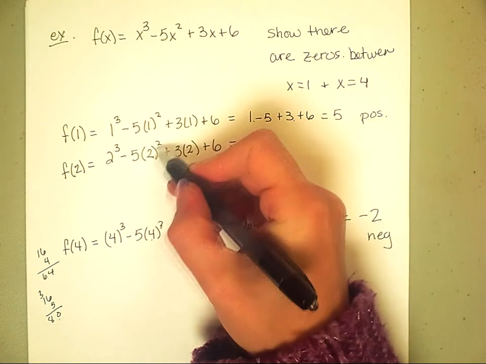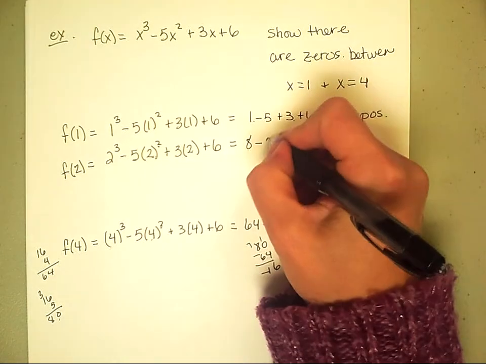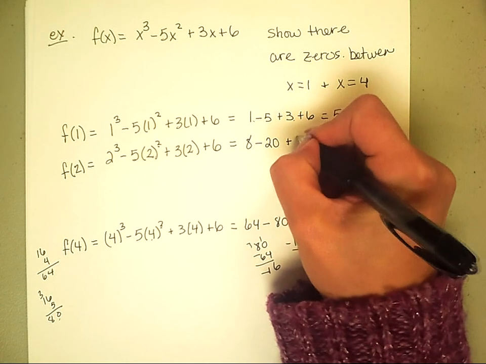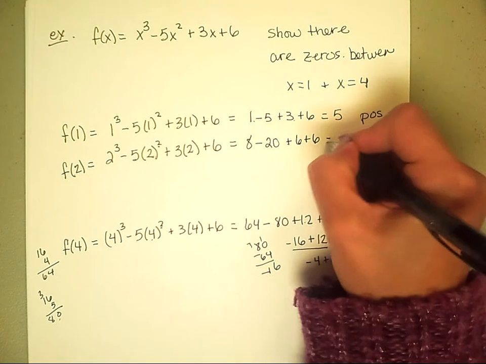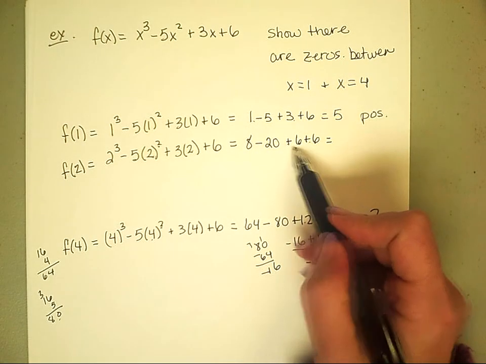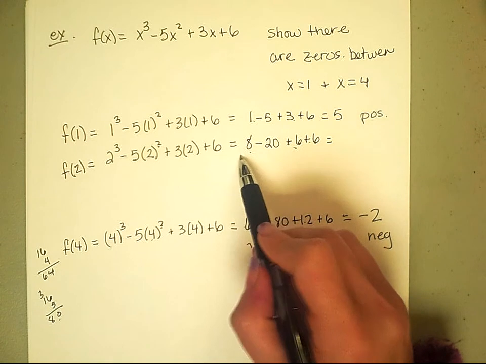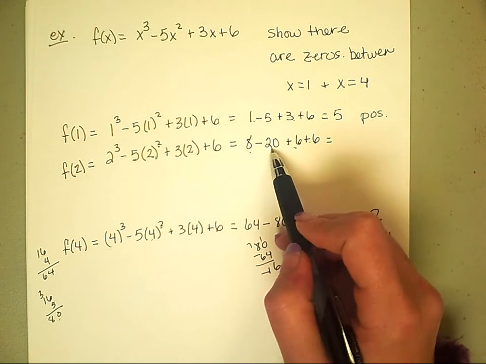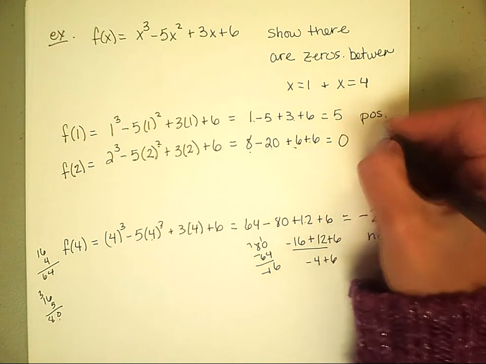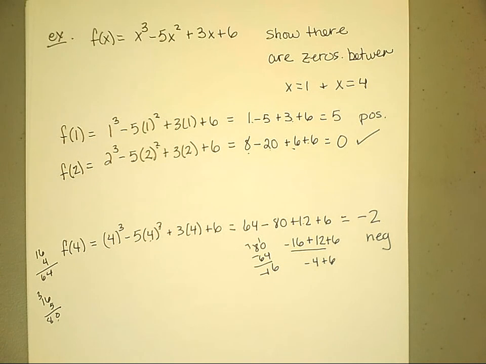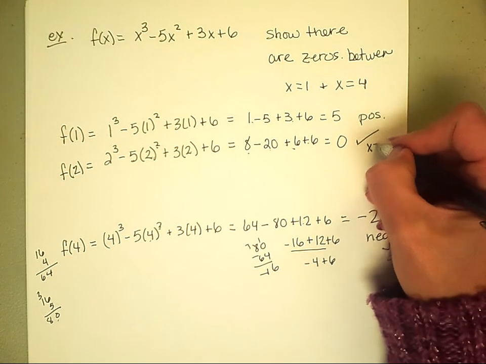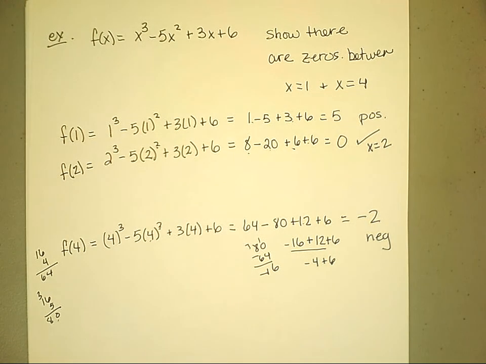So 2 cubed is 8, minus 2 squared is 4, times 5 is minus 20, plus 6 plus 6. So 12 and 8 is 20. 20 minus 20 is 0. Okay? So we've shown that there's at least 1. x equals 2 is a 0, because the function equals 0.